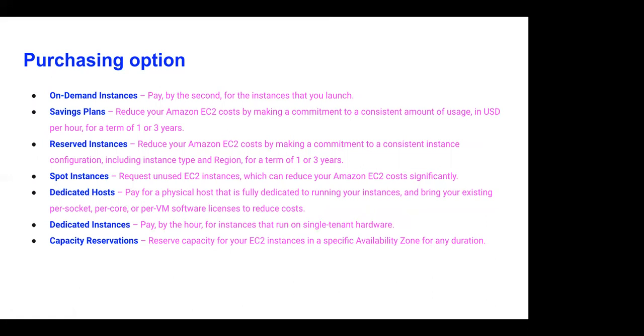The most known is on demand, which is pay as you go, pay by the second, as much as you use. Savings plans is another purchasing option wherein you tell about your usage: I'm going to use this much for the next 1 to 3 years. So if you have a consistent amount of usage, you'll go for savings plans.